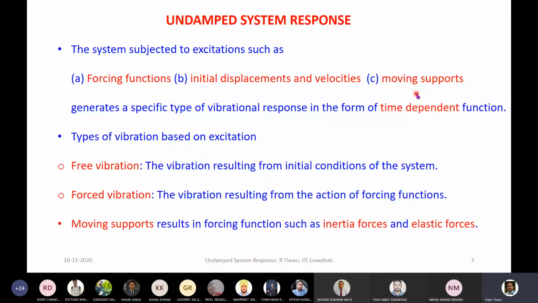We will be covering all these forces, but we will know them with time, how these forces are changing with time. That kind of force only we will consider here. They will be known in the form of a function.